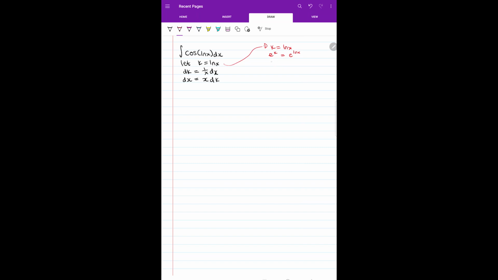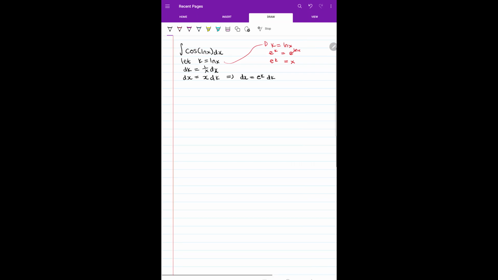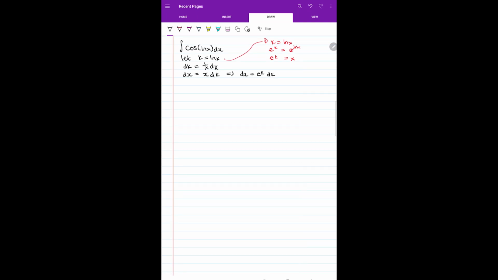So that means that e to the k is equal to e to the ln x. This cancels out, it becomes x. So this implies that dx is just e to the k dk. And now we are ready to make our substitution.